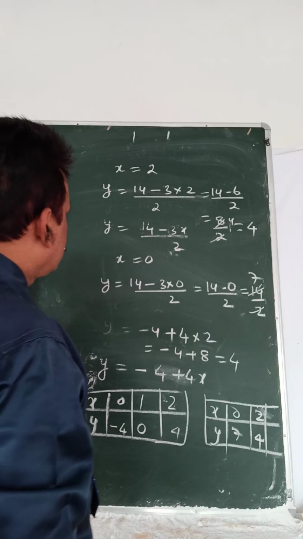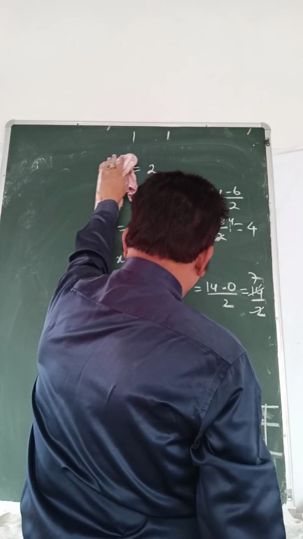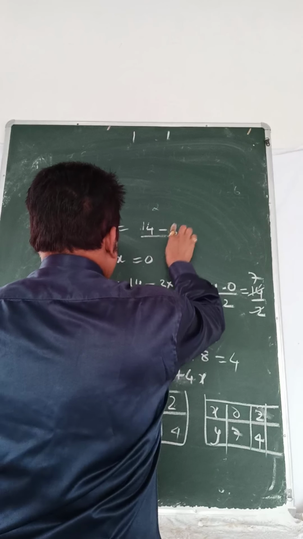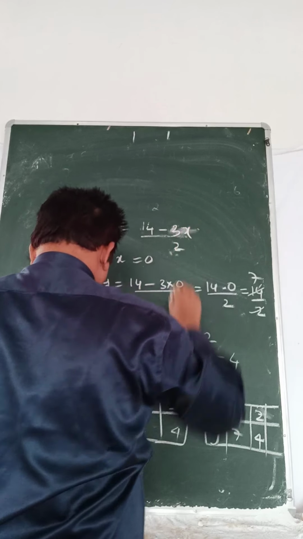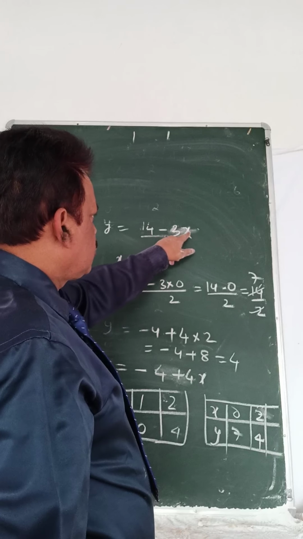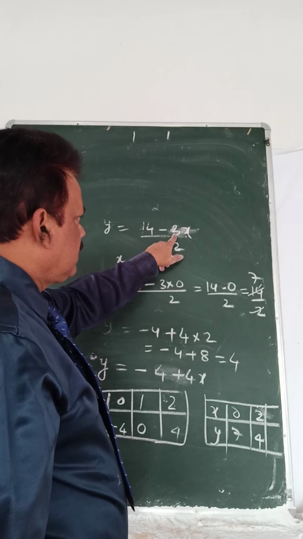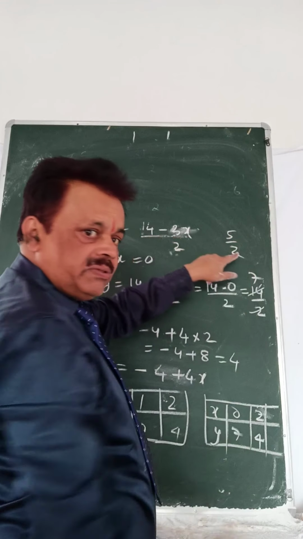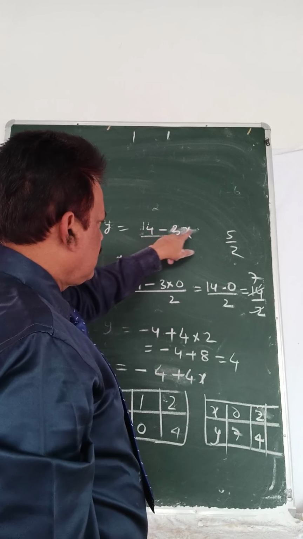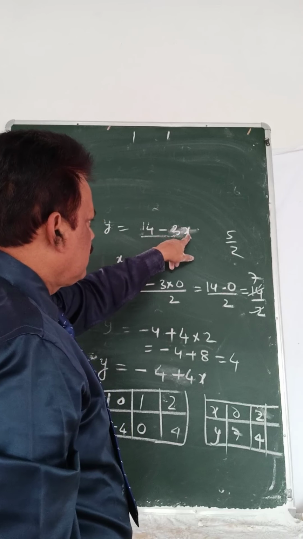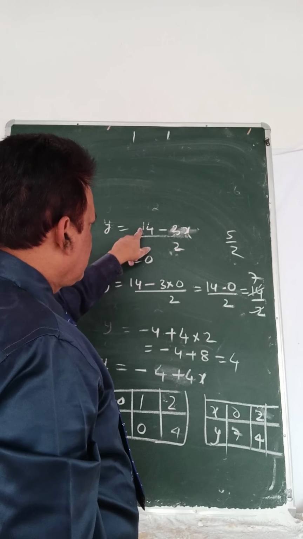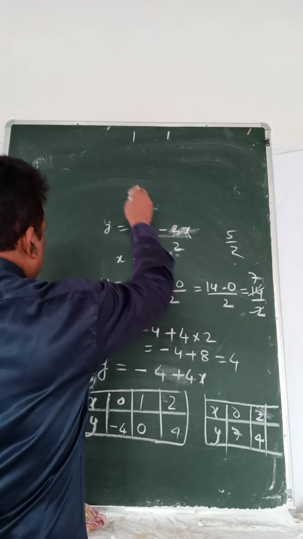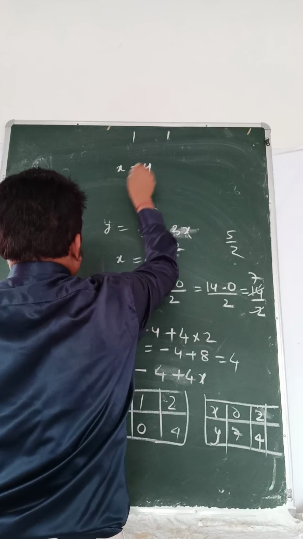Put x equals which number? Put x equals 4. With 3, what will happen? 14 minus 9 is 5 by 2, not divisible. So take 4, 4 threes are 12, 14 minus 12 is 2. 2 by 2 divisible. So x equals 4.